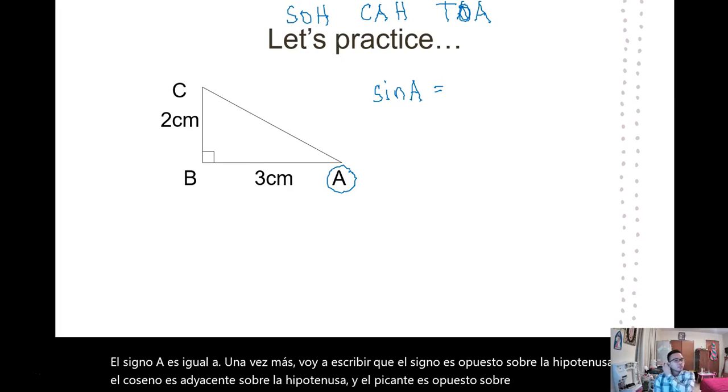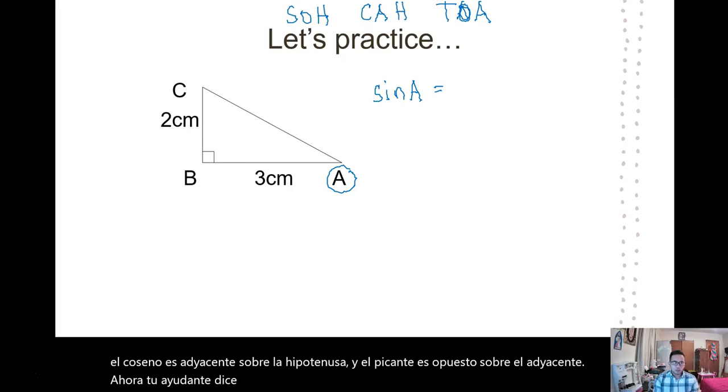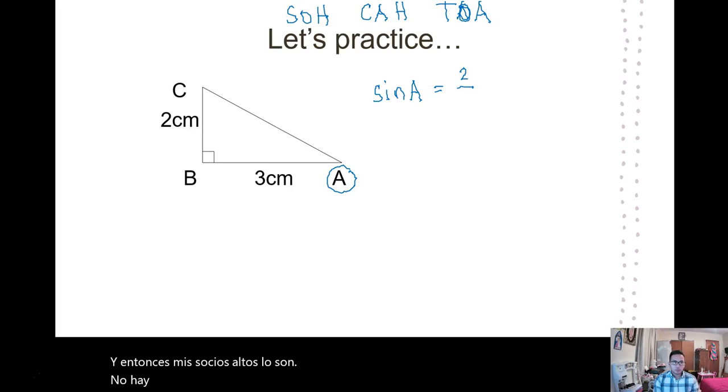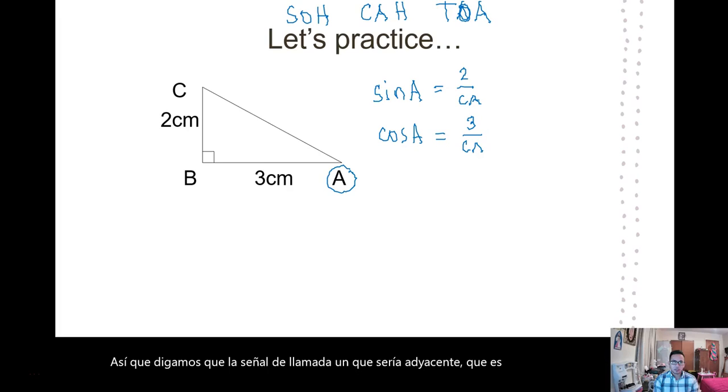Now, your sine A, it says opposite. Sine A opposite is 2, and then my hypotenuse, there's none there, so that will be over CA. And then cosine A, that would be adjacent, which is 3, over hypotenuse, which is CA.